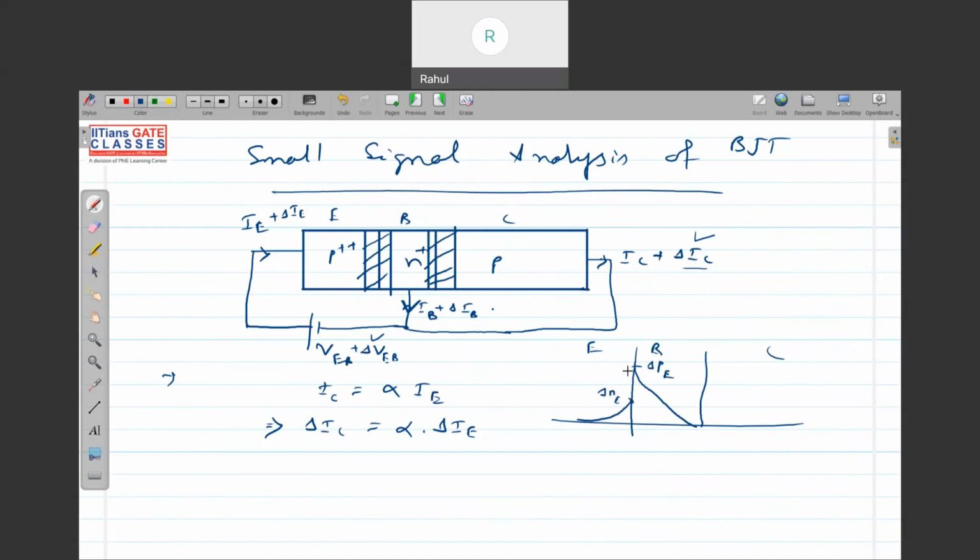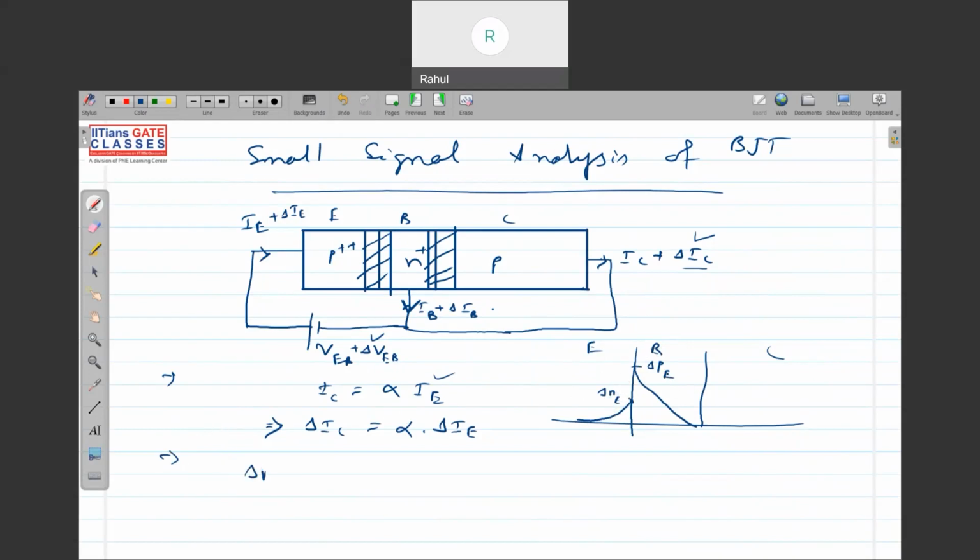In order to derive the emitter current, we need to know the concentration profile, like we have seen in the diode. Then we know what del P is. Del P is the same as what you derived in the PN junction theory.